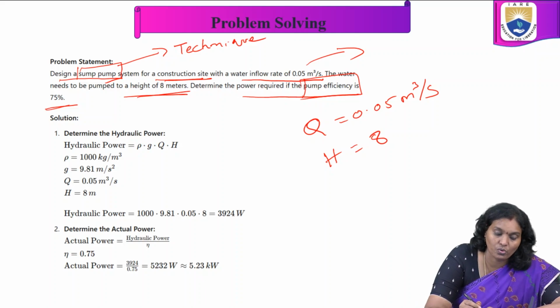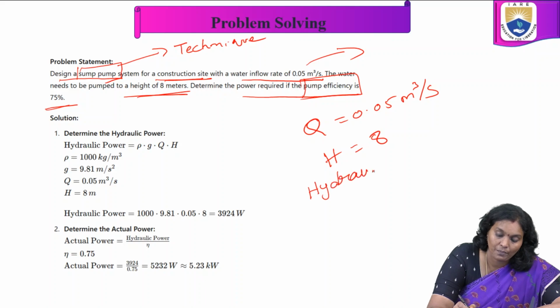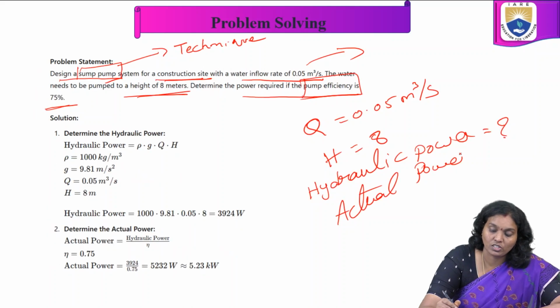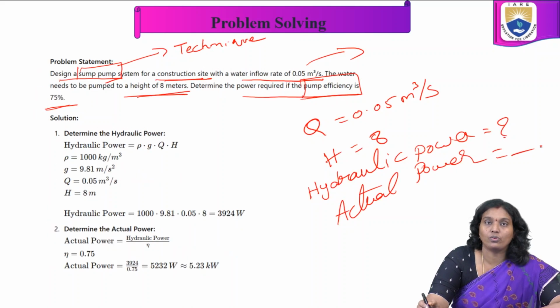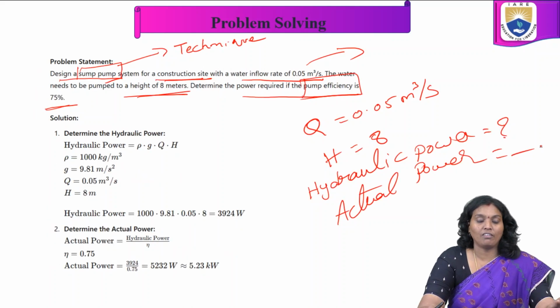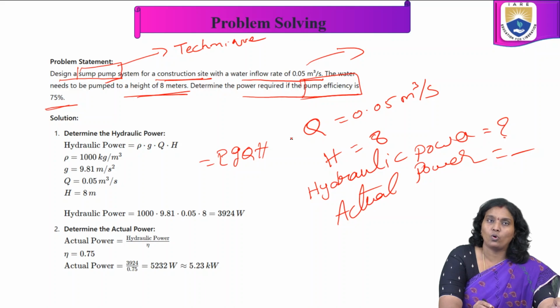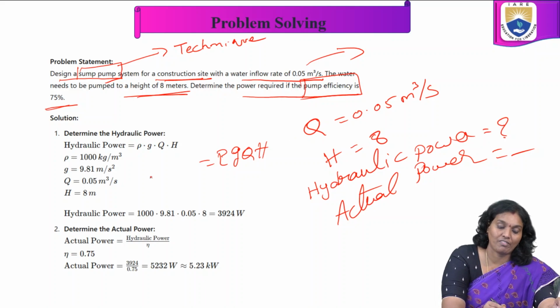What we are going to do here: first we determine the hydraulic power, and then determine the actual power according to that. The hydraulic power is nothing but rho g Q H. Rho g Q H is the formula for the hydraulic power.